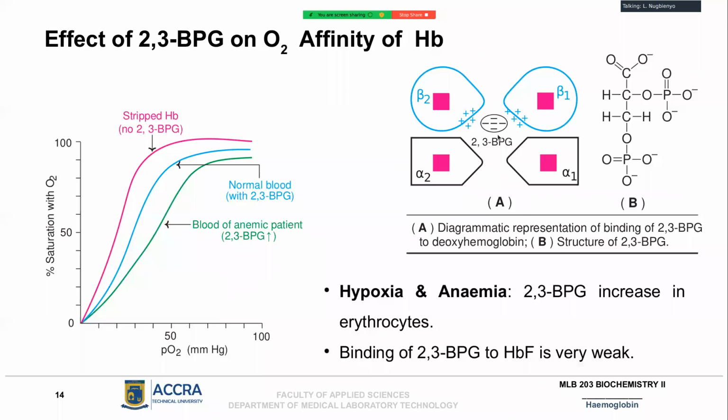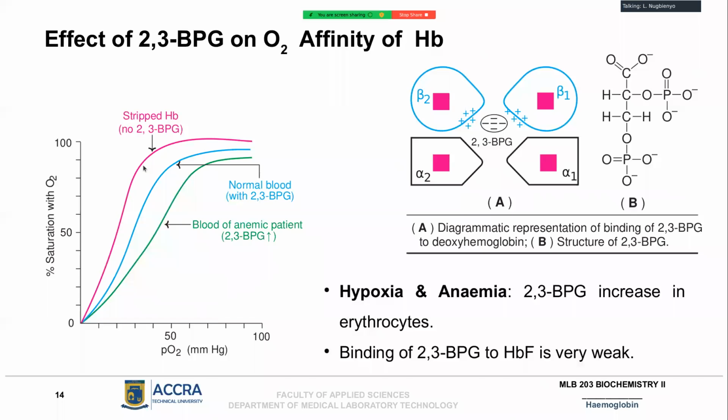Yes, in normal blood with 2,3-biphosphoglycerate at its normal levels, you find that the graph, in its norm, will get saturated at a normal time. But where you don't have any 2,3-biphosphoglycerate bound to the hemoglobin, you even get hemoglobin getting saturated faster.